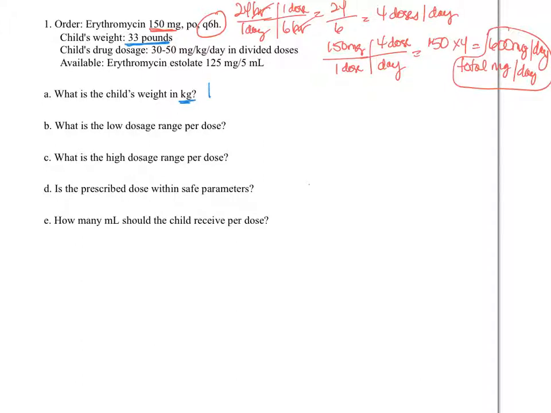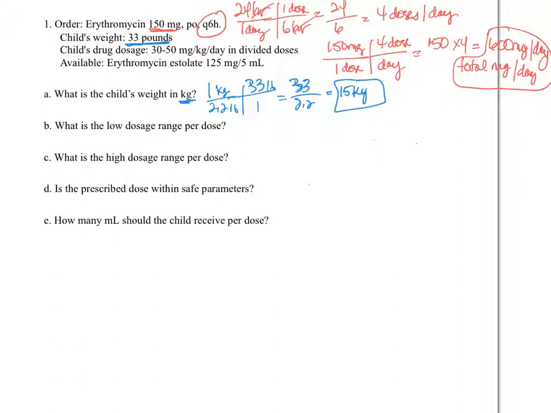What we know is that 1 kilogram is 2.2 pounds, and we have a child that weighs 33 pounds. So we go across: 33 times 1 is 33, over 2.2 equals 15 kilograms. The child weighs 15 kilograms.